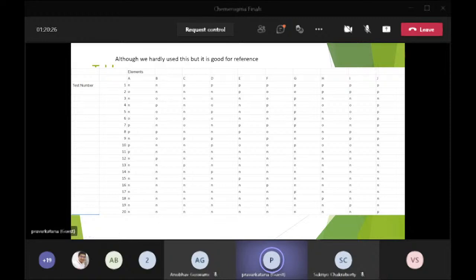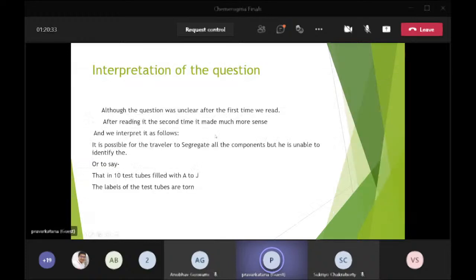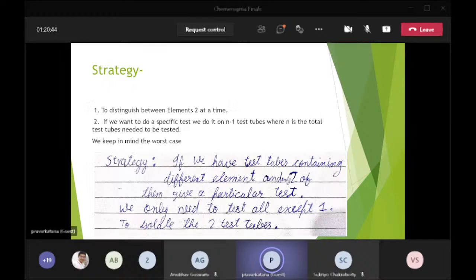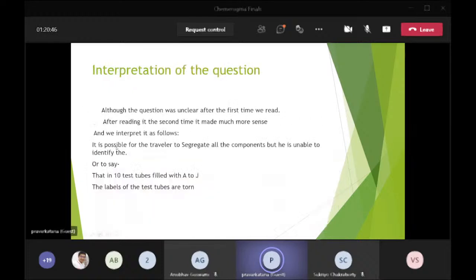So yeah, I will discuss briefly the strategy and how we interpreted the question. It was unclear for us the first time how to proceed, but the second time we interpreted it as follows: the traveler who is in search of fuel can segregate the components, but he is unable to identify them.